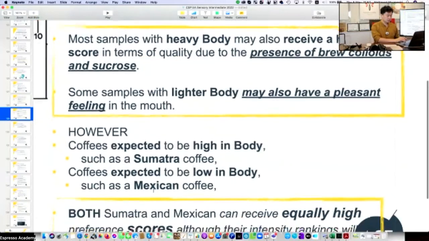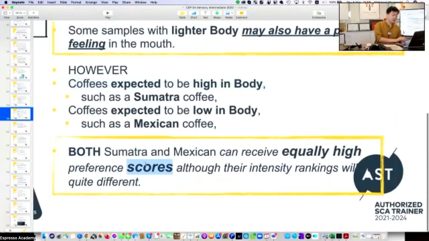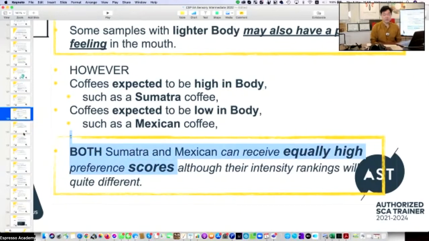Sumatra is expected to have a higher body in coffee. Mexican, which is in Central America, is expected to have a lower body. Even Thai coffee, I expect to have a low body. But both of them can pretty much score the same. Both Sumatra and Mexican can receive an equally high preference score.